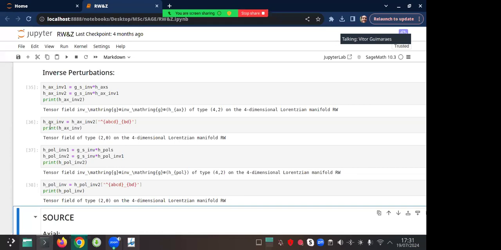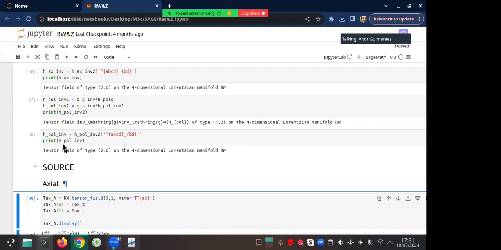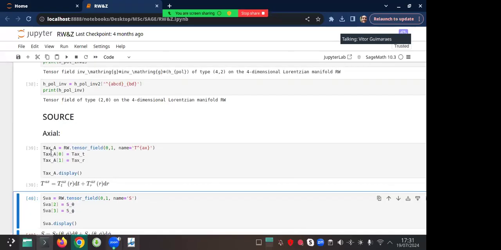Here we have the inverse odd perturbation, which is a 2-0 tensor field. The inverse is a 2-0 because the original perturbation is a 0-2 tensor. And the same goes on here for the polar/even part. Now we construct the source.